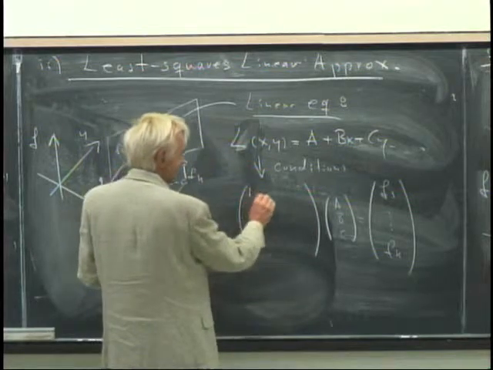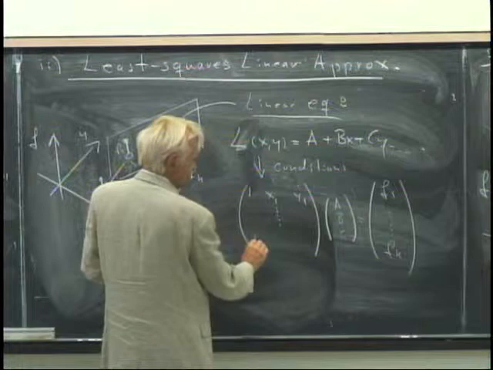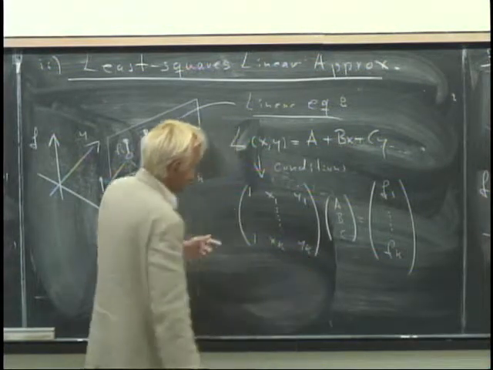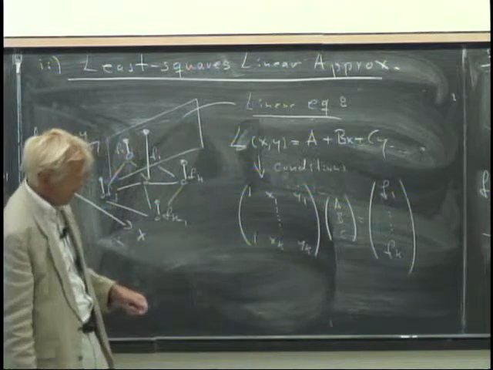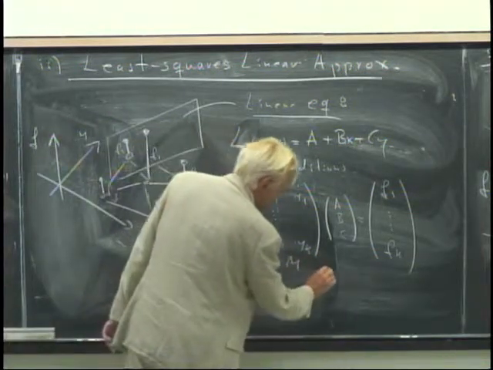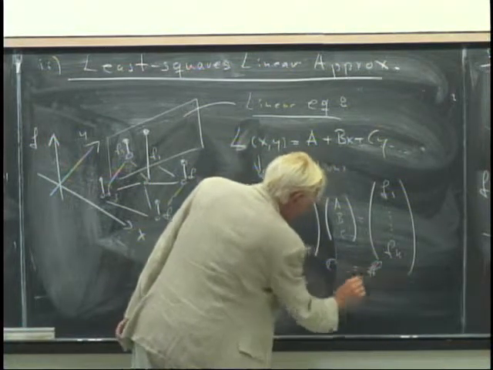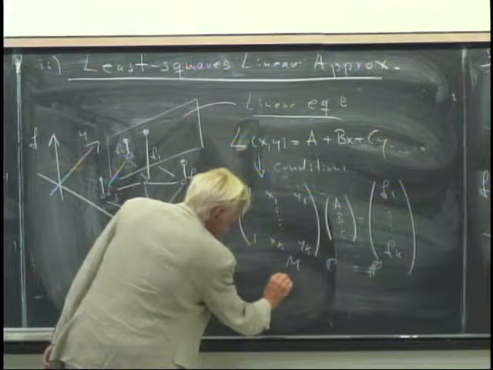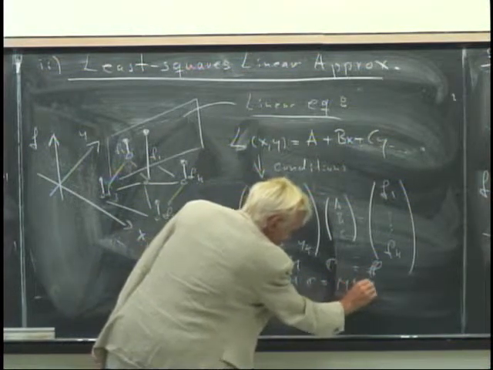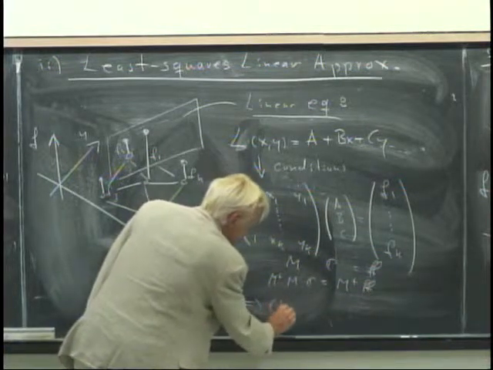So I have 1, x1, y1, and so forth, and the last one is xk, yk. And again, I would have a k row system. So this is my system, M times vector c equals vector f. You solve M transpose times M times c equals M transpose f, and you get your coefficients a, b, and c.